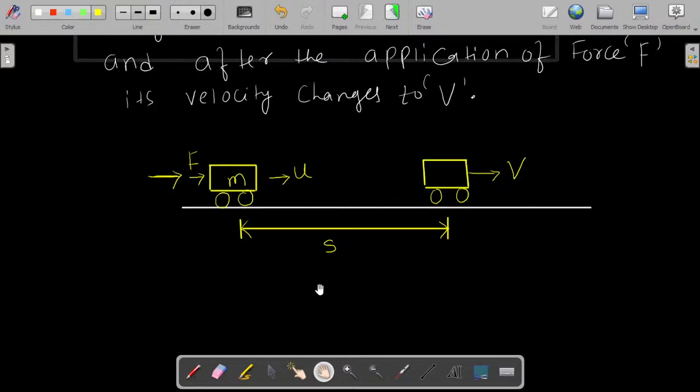Now, you know the formula for work. What is the formula for work? Work is equal to force into displacement.